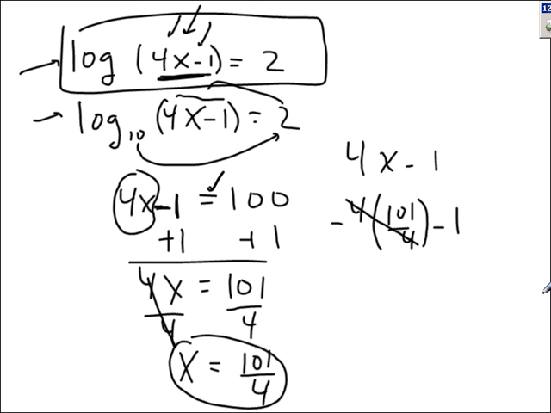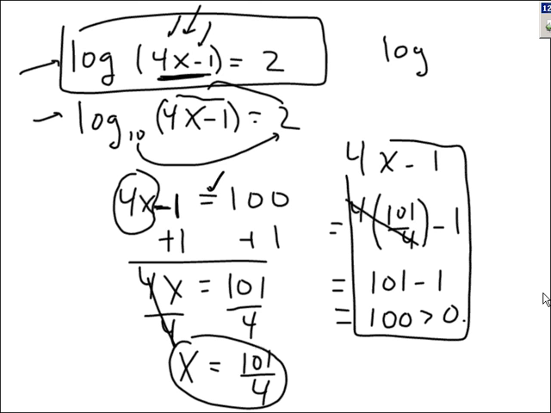The 4's cancel out, and you get 101 minus 1, or 100, which is positive. And just for the record, a quick check: 4x minus 1 is 100, and does that equal 2? Sure. 10 squared is 100. 4x minus 1 had to be 100.